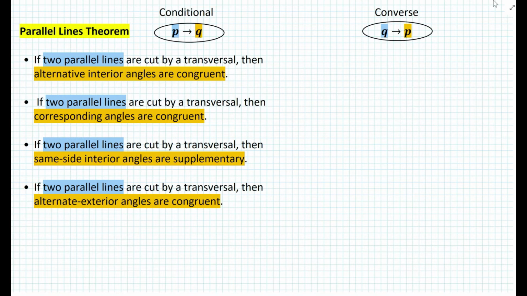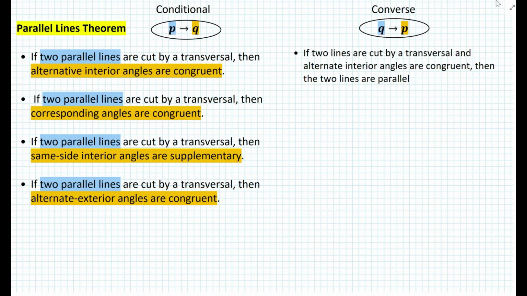It says here, if two parallel lines are cut by a transversal, then alternate interior angles are congruent. So what would be the hypothesis in this case now if we take the converse of that? Well, the hypothesis would be that we're given that the alternate interior angles are congruent. And we want to prove that the lines are parallel, and that's the conclusion.